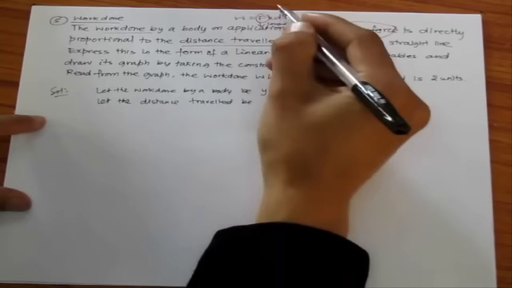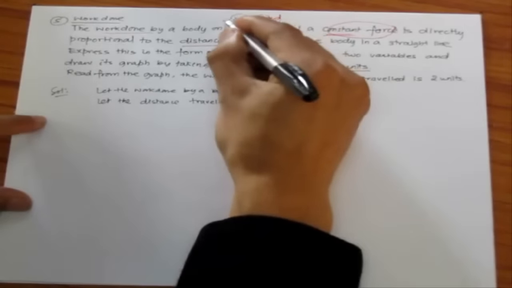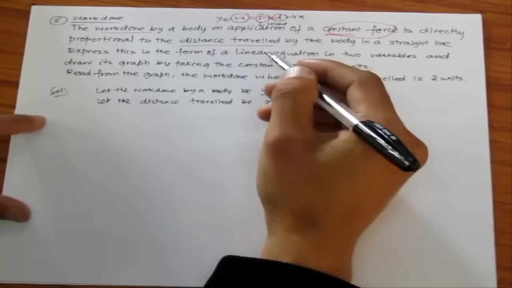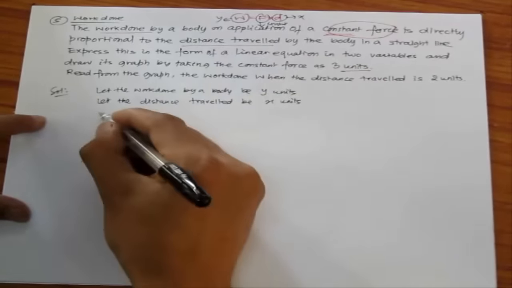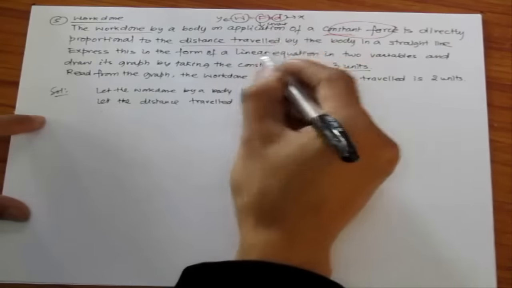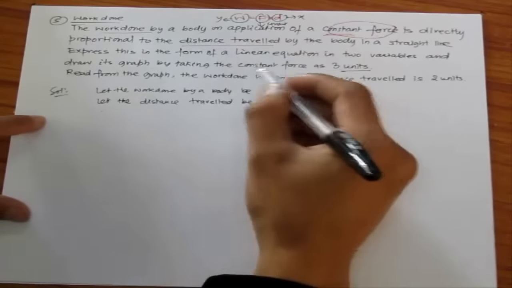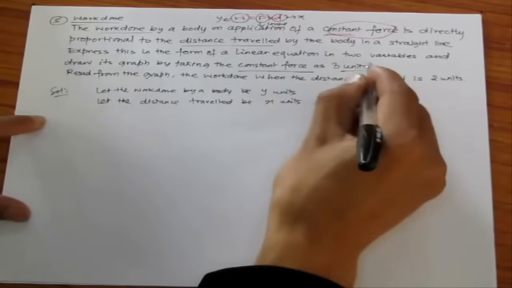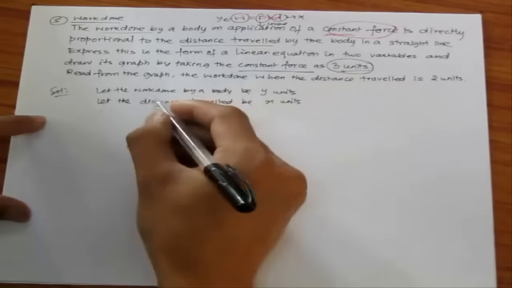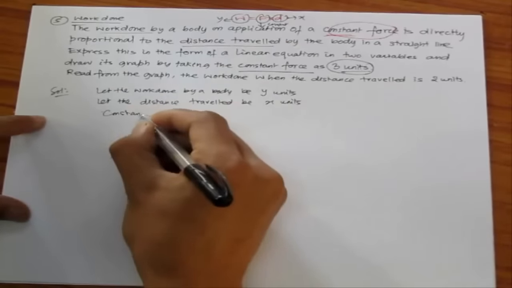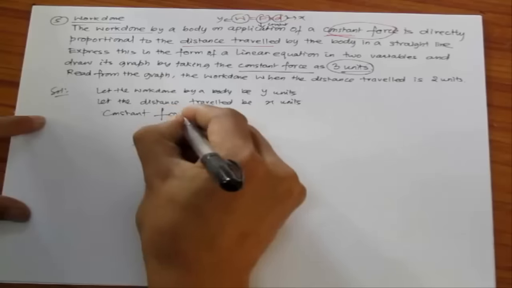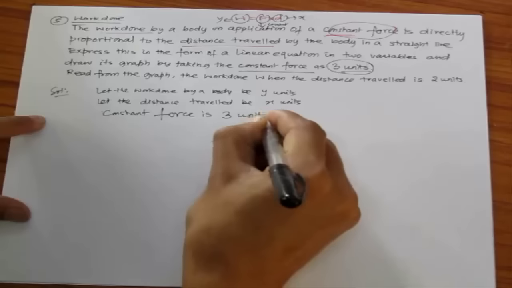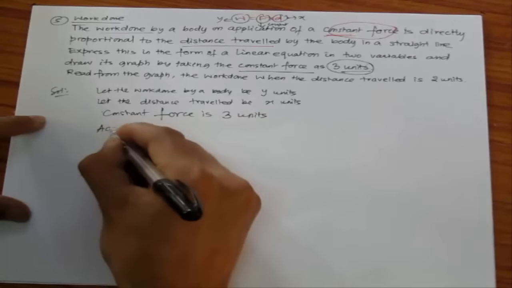So in work done, W is taken as y, D is taken as x. The two variables are work done and distance. Here the force is constant, and what is the constant value? Here, draw its graph by taking the constant force as 3 units. That means F you're going to take as 3. So the constant force is 3 units.